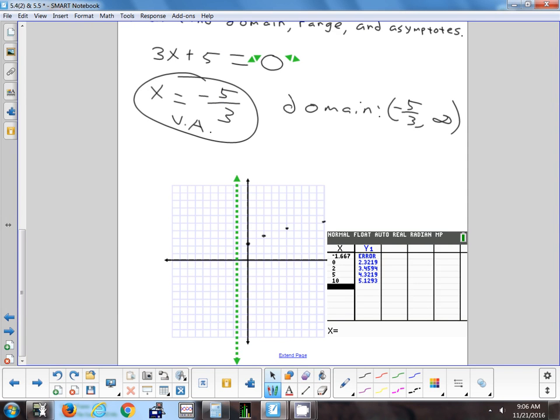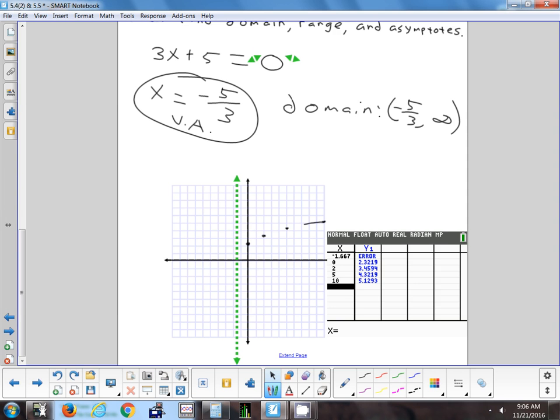Now, it's going to head to the right forever. It's not going to go past negative 5/3. How low does the graph go? Yeah, all log functions go either up or down forever. It just depends if you flip it.